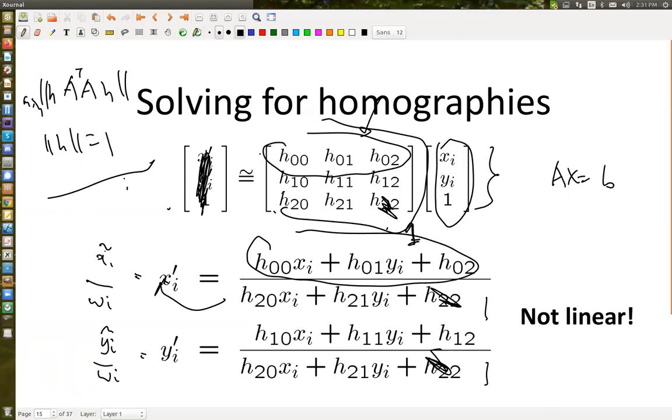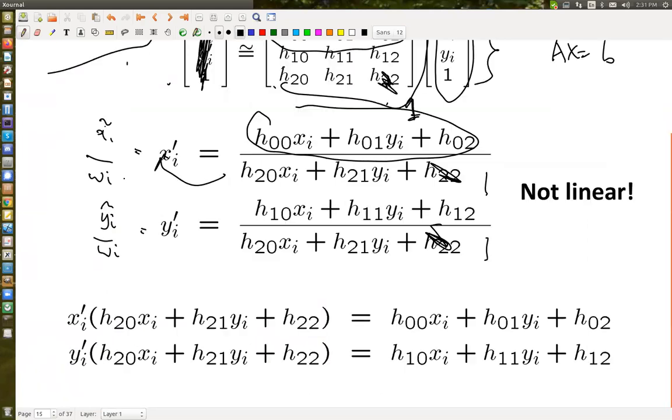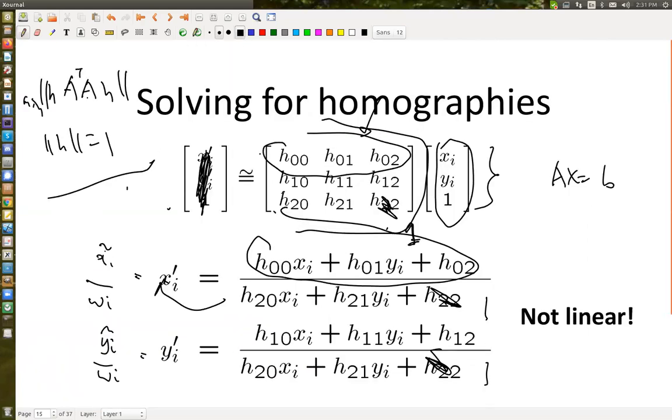So I missed something for you guys, if you're still here, but unfortunately I'm really running out of time. When you try to solve this, you don't necessarily want to do A transpose A. Actually, you can, depending on how many matches. Finding the eigenvector of this is the same as finding the singular vector of A itself.